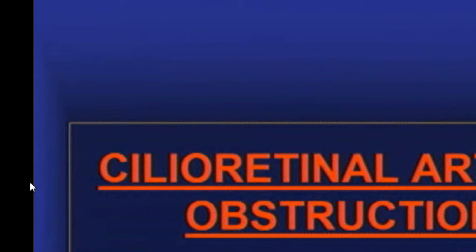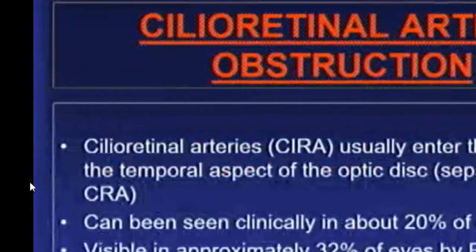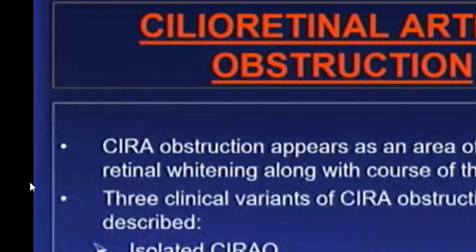Another type of obstruction is cilioretinal artery obstruction, which, as we mentioned early, can be seen clinically in about 20% of eyes and is visible in approximately 32% of eyes by fluorescein angiography. In a normal fluorescein angiogram, they appear before the retinal arterial circulation, and they represent 5% of acute retinal arterial occlusions.